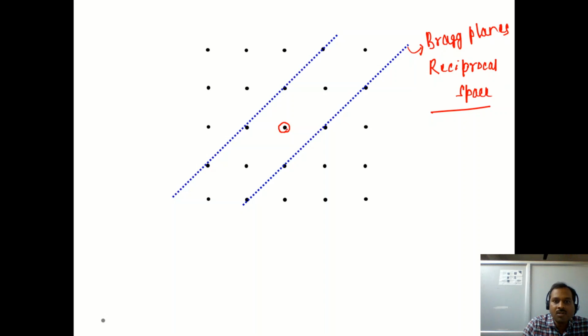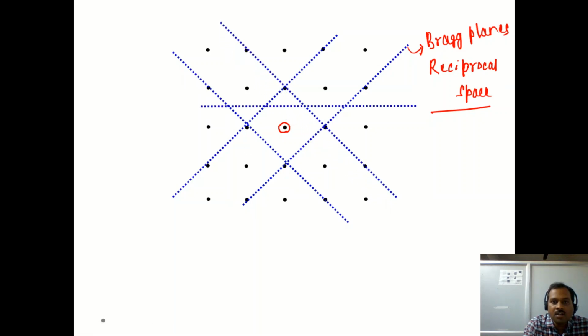Similarly, between this point and this point, we can draw all the Bragg planes. This Bragg plane is between this point and this point. Between this point and this point we have this Bragg plane.